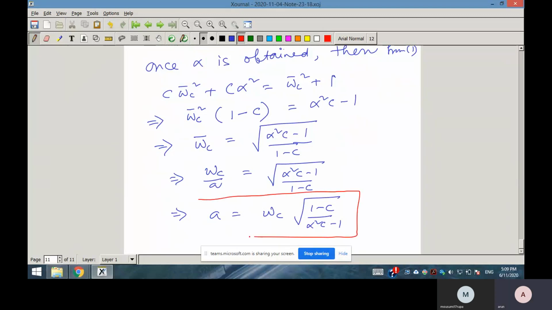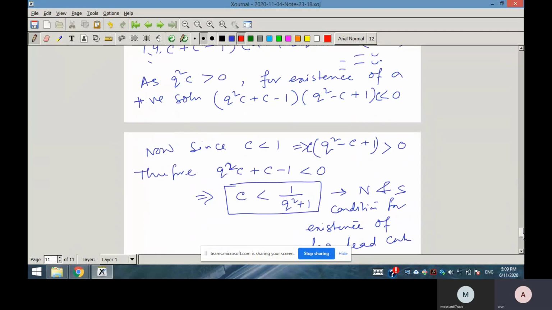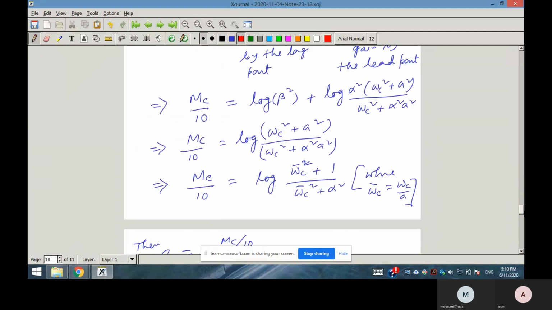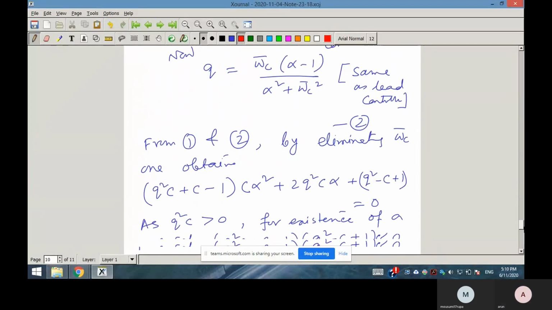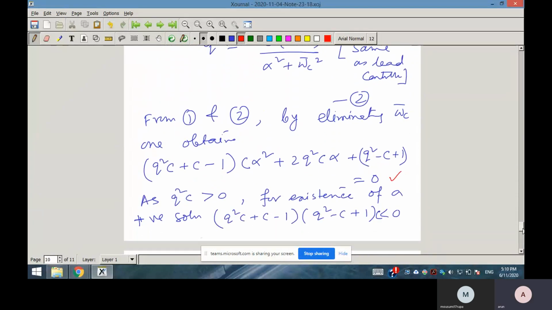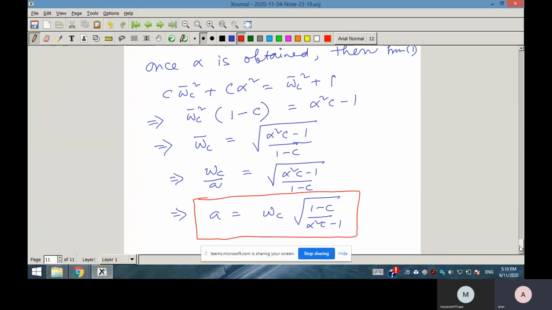So that means once you get alpha by solving that second order equation, then you can obtain this A. That means the lead part. So once you get A, the parameters of the lead part, alpha and A, you can find out like this. Now about the lag part.